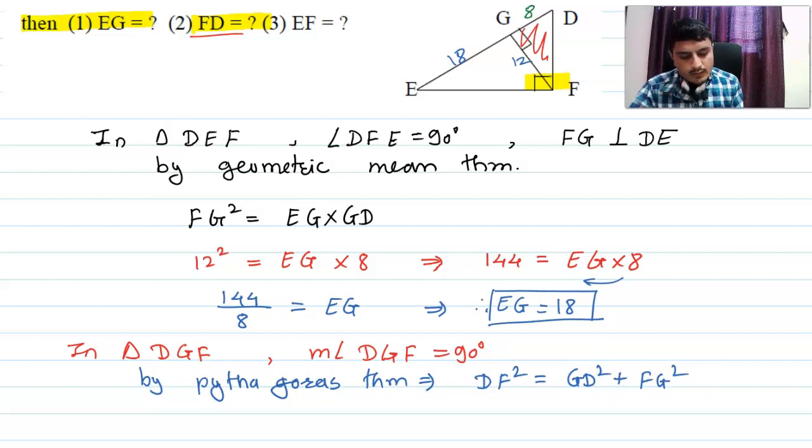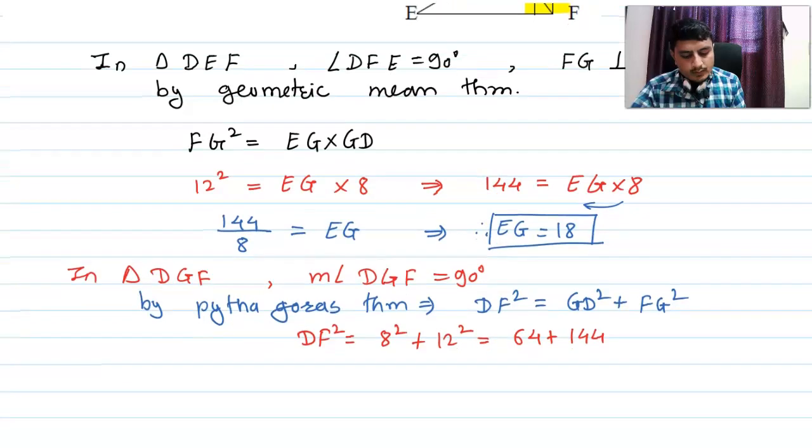Look at the values. DF square equals GD value 8, so 8 square, plus FG value 12, so plus 12 square. 8 square is 64, 12 square is 144. So the value of DF square is 64 plus 144, which becomes 208.